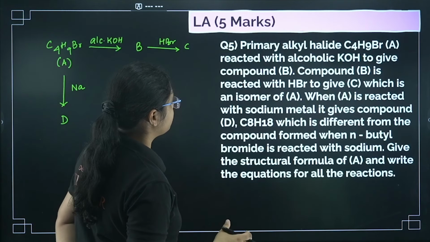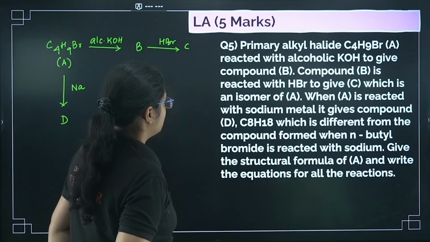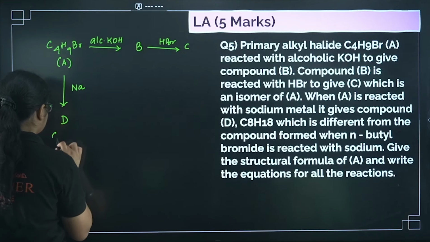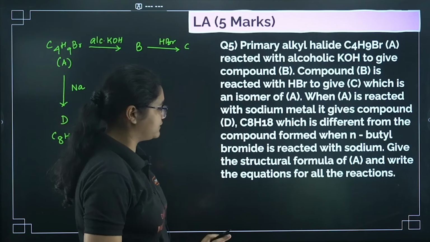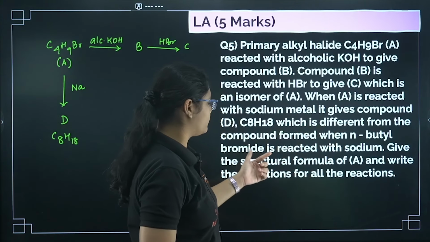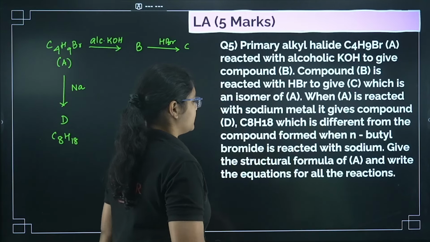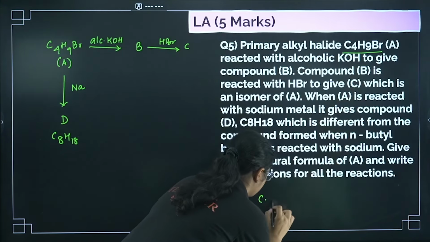D is C8H18, which is different from the compound formed when N-butyl bromide is reacted with sodium. Now this second part is very interesting. First of all, for C4H9Br, what are the structures I can have?